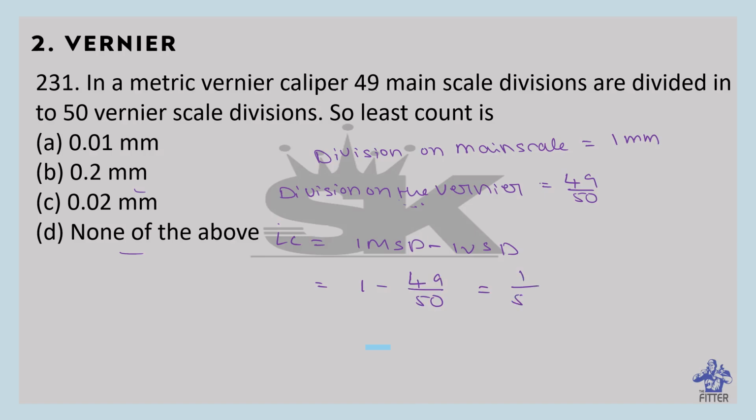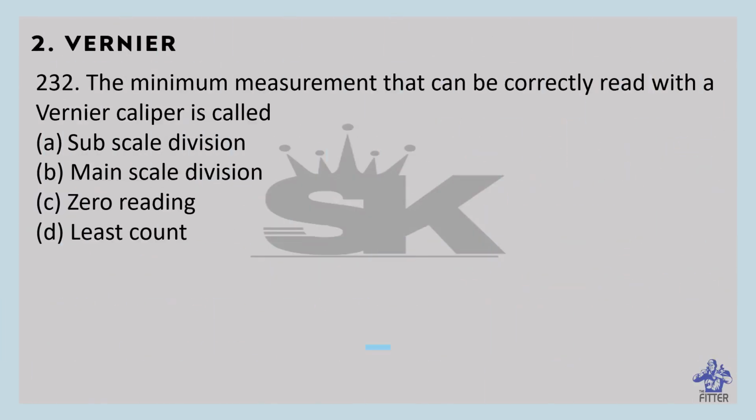So that is 1 by 50, which equals 0.02 mm. So option C. No need to do all these things. It's a general question, so by looking at the question only, you can put option C. He's asking about the least count. The minimum measurement that can be correctly read with a vernier caliper is the least count.